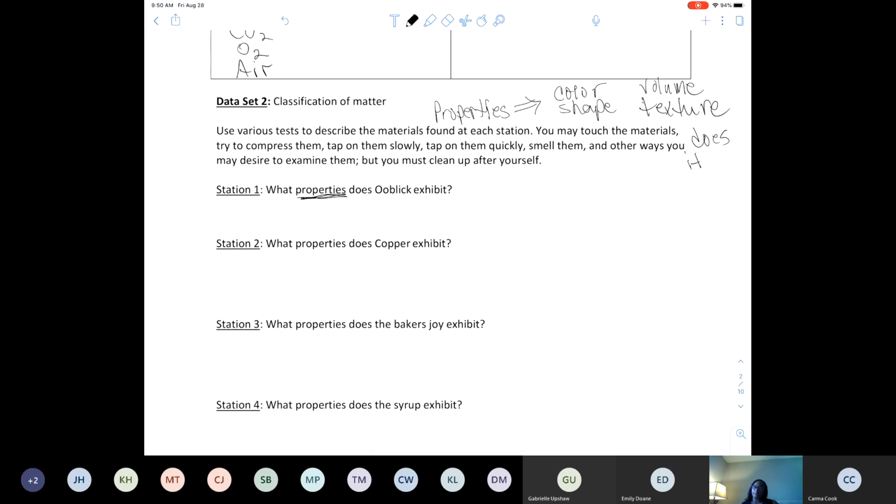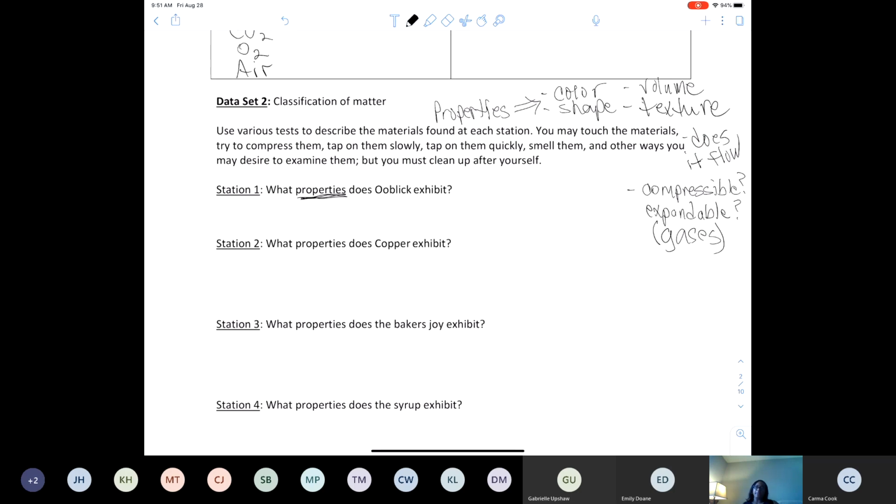Or does it have fluid properties? Is it compressible? Does it expand to fill the shape of the container? These are two properties of gases: compressibility and expandability. And so gases expand to fill the volume and the shape of the container that they're in.